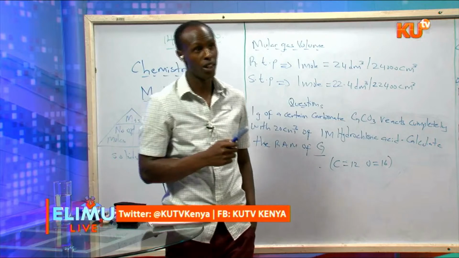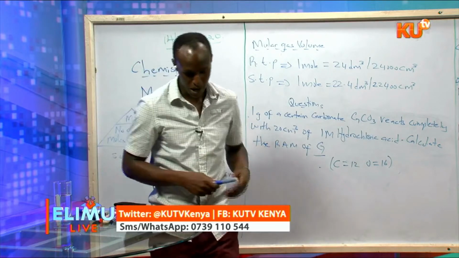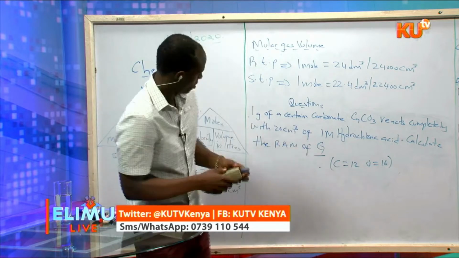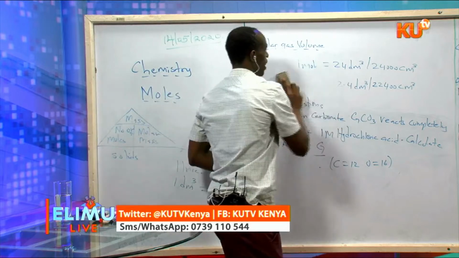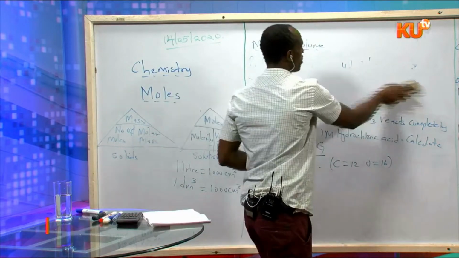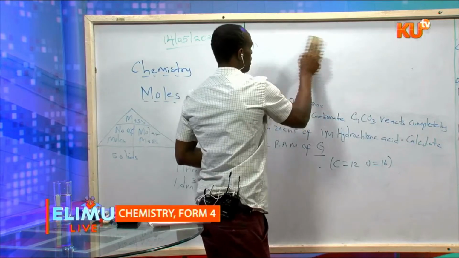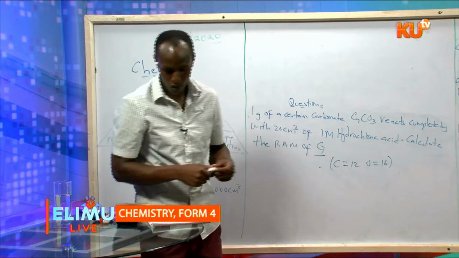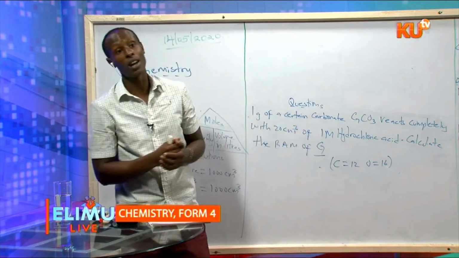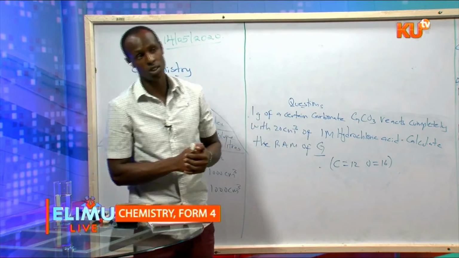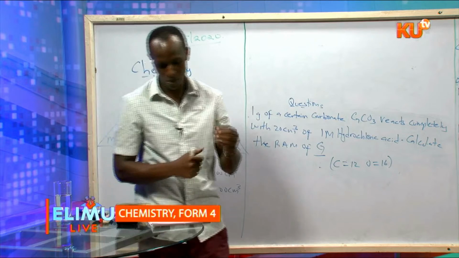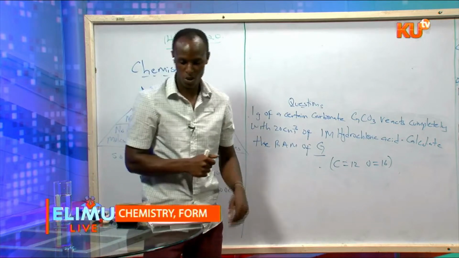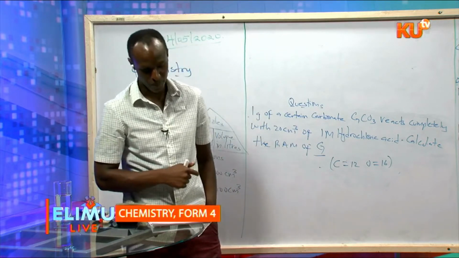Question B, if 0.29 dm cubed of the brown gas was produced, calculate the mass of lead 2 nitrate that was heated.